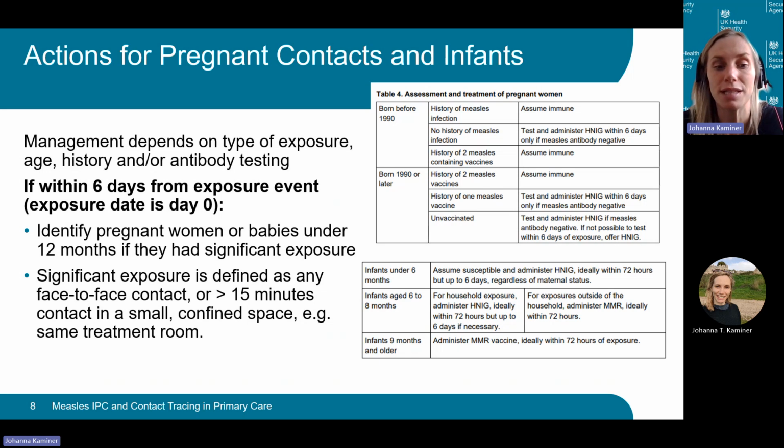For example, infants under the age of 6 months would be assumed susceptible and they would need HNIG, ideally within 72 hours, but up to 6 days. Whereas infants who are 9 months and older, for example, would get an MMR vaccine as their post-exposure prophylaxis, also ideally within 72 hours of exposure. All of this information can be found in the National Measles Guidance, so you don't need to know this by heart.